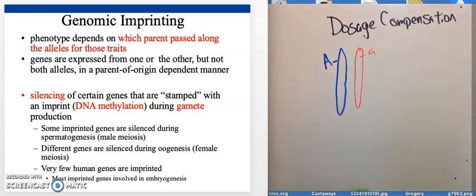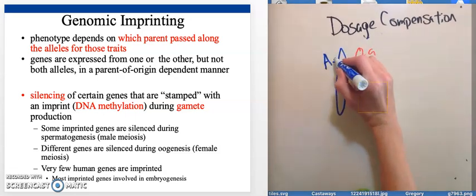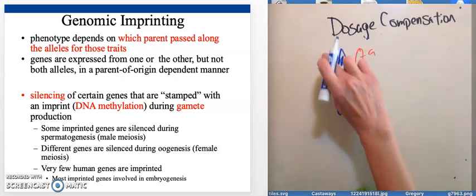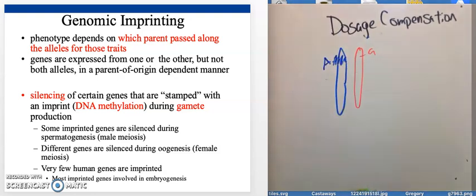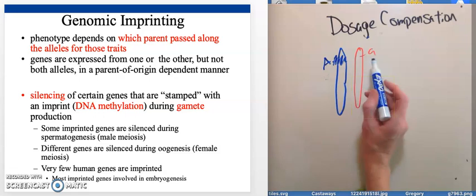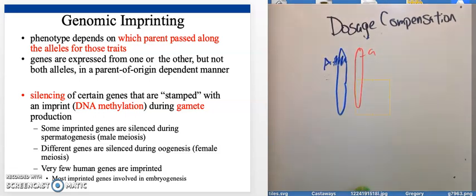But in genomic imprinting, certain genes get shut off based on the parent they were inherited from. So for some genomically imprinted genes, whatever copy of that gene you got from your dad, it's shut off. And so if you were heterozygous here, but the dominant allele was the one you got from your dad, even though you're heterozygous, you would only express the allele that you got from your mom.